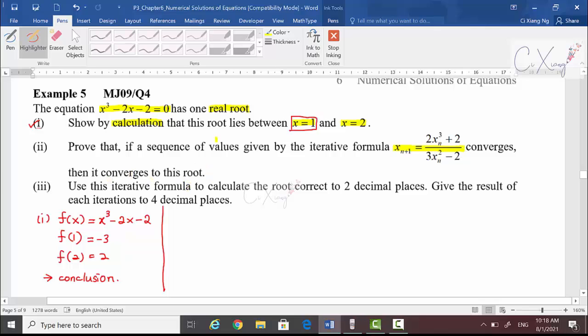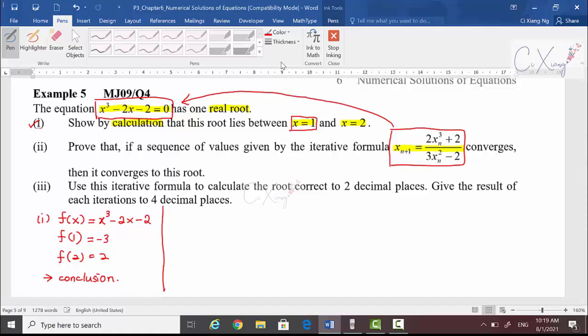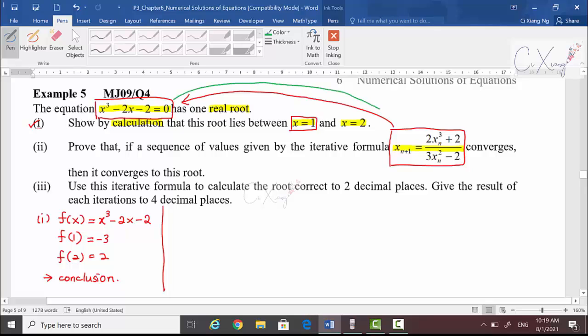When they give you this kind of question, it looks very complicated, but generally the meaning is that they want you to start from the iteration formula and prove how to get back the original formula, or the other way around, you can start from the original formula, rearrange it and try to get the iteration formula.